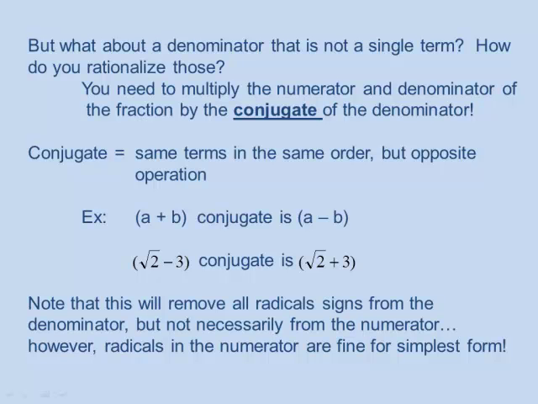So for example, if you had a plus b in your denominator, the conjugate is the same terms, a and b, in the same order, but we take the opposite operation. So if it's addition, it becomes subtraction. Ditto, if your denominator was the square root of 2 minus 3, the conjugate is the square root of 2 plus 3. Note that this will remove all radicals from the denominator, but not necessarily the numerator. However, remember, radicals in the numerator are fine. It's only radicals in the denominator that we're concerned with.